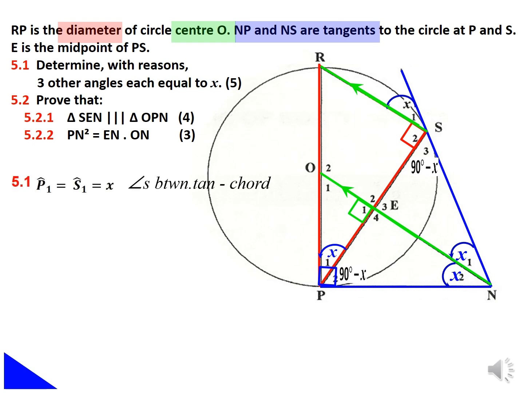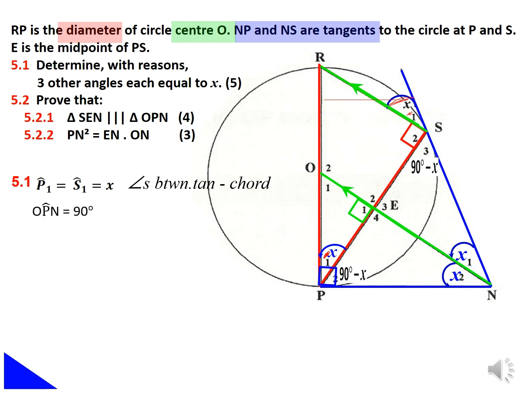We have angle P1 and angle S1. They are equal to each other because of the tan chord theorem. So the angle here at this point and the angle S1 at that point, they are equal using the tan chord theorem. This line is the tangent, so this angle here is the angle between the tangent and the chord.